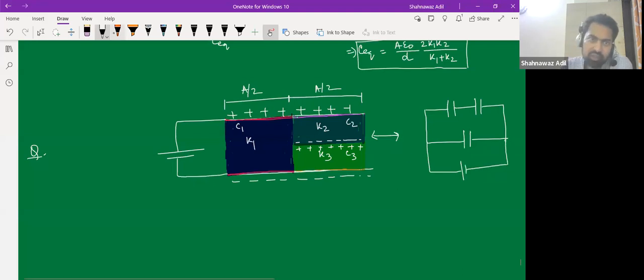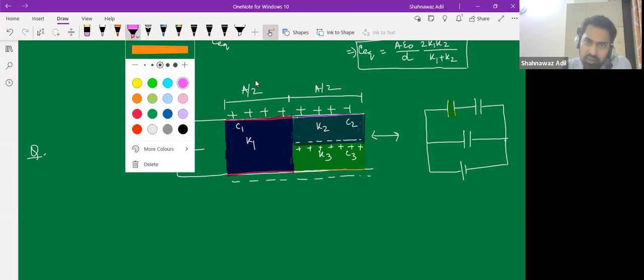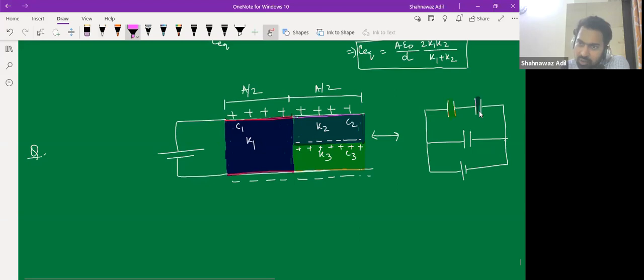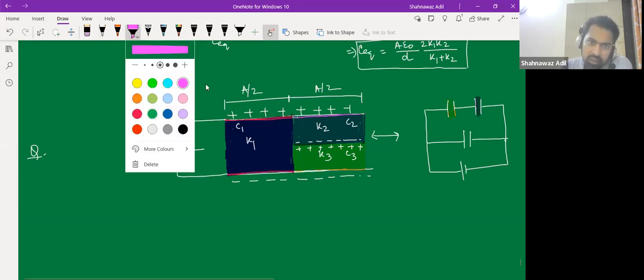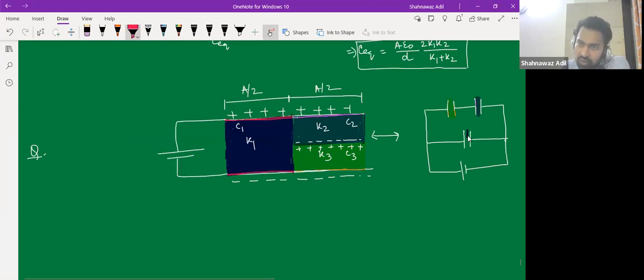Good. So this is our K3, and K3 is connected to this, and then this is K2.